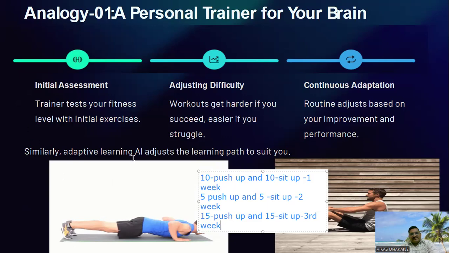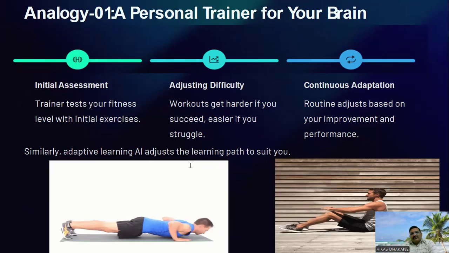So similarly, adaptive learning in AI adjusts the learning path to suit the particular learner. Okay. Now in the next example, we'll see one more example, which is again related to adaptive learning in real life.